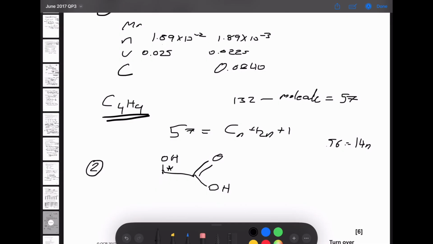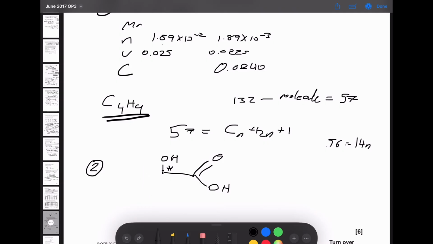So if we go C4 straight, 1, 2, 3, 4, none of those are chiral centers because they've all got 2 hydrogens on them. If we go 1, 2, 3, and put a methyl there, this methyl and this methyl are the same, so that's not going to be a chiral center.